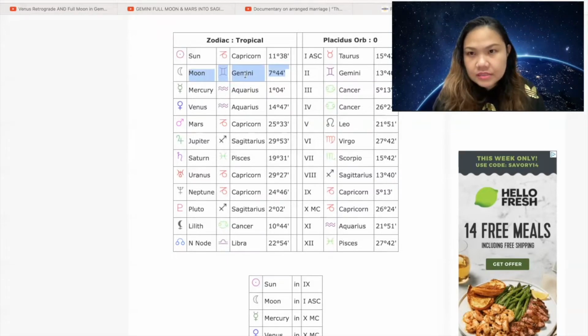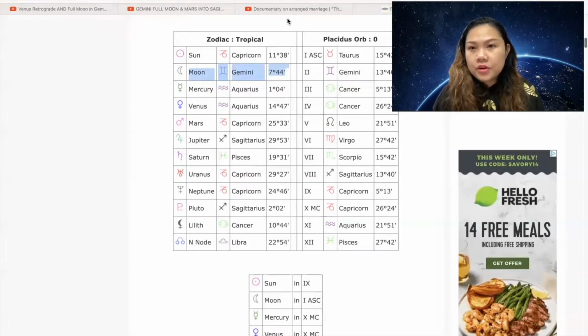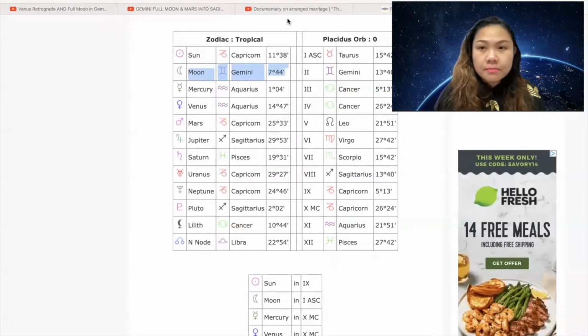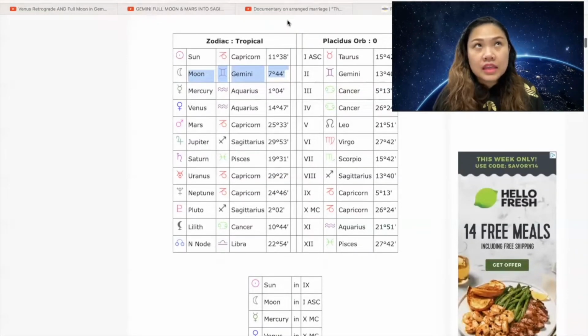So it's important in Indian astrology, but not so much in Western astrology, which is the astrology the US uses nowadays, the Hellenistic or whatever, because the moon sign there is just personality, but you need to know about it.